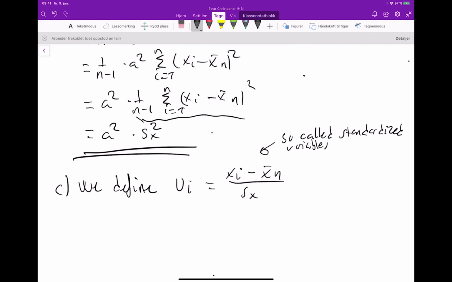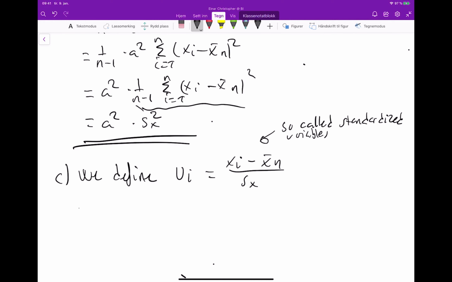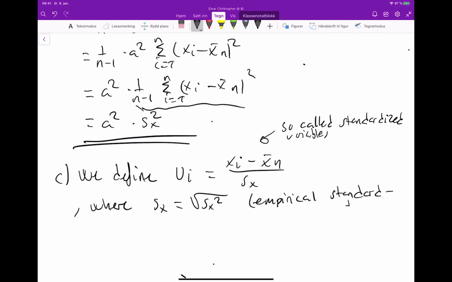Okay, where sx is equal to the square root of sx in the power of 2, which is equal to the empirical standard deviation. Okay, just a remark.